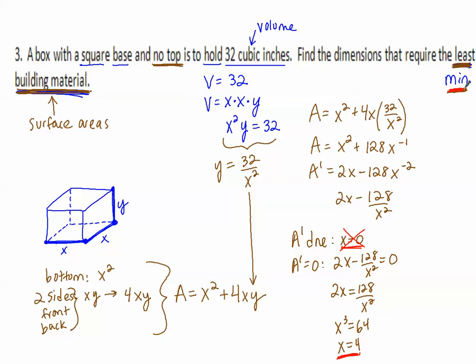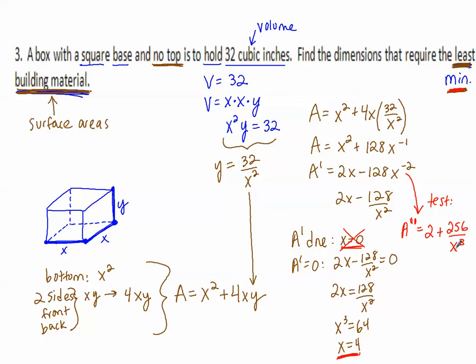But are we sure that it's a minimum? Let's test. Let's use the second derivative. So here's our first derivative. Let's go from there. A double prime is 2, negative 2 over here, that's going to make 256, so plus 256 over x cubed.